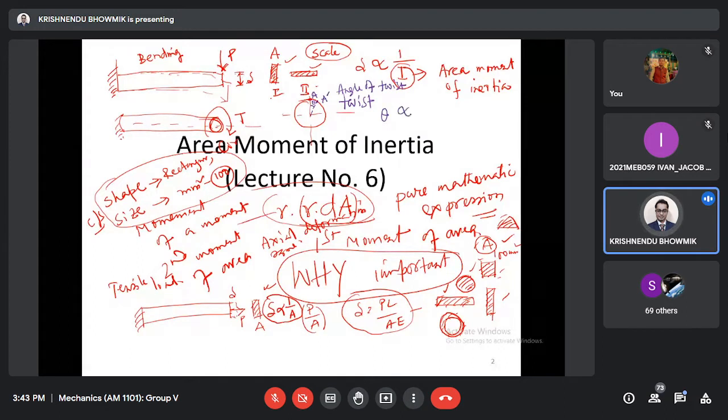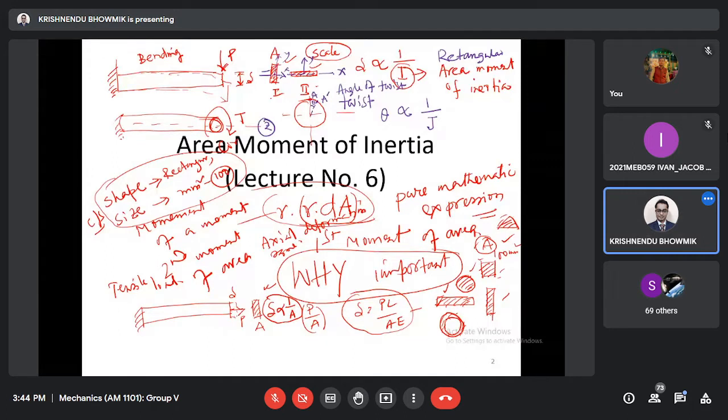Theta will be proportional to 1 by some other term, say J. The area moment of inertia we saw earlier was rectangular, because we considered rectangular axes here, X and Y. But here it is about the axis, the Z axis.